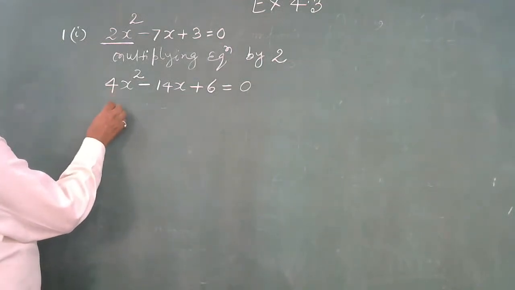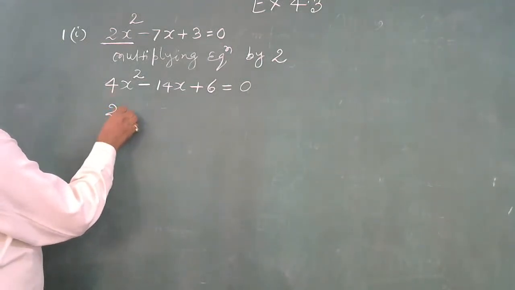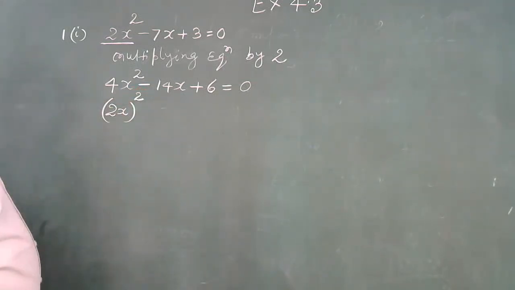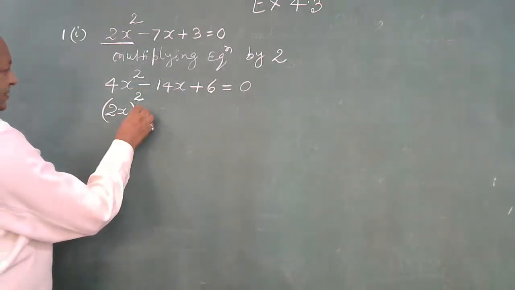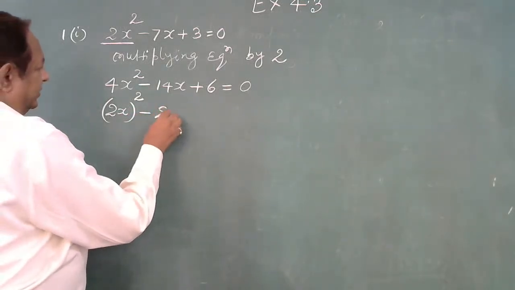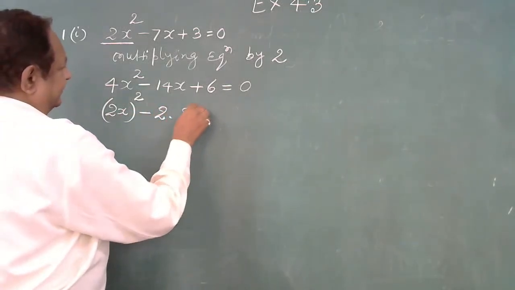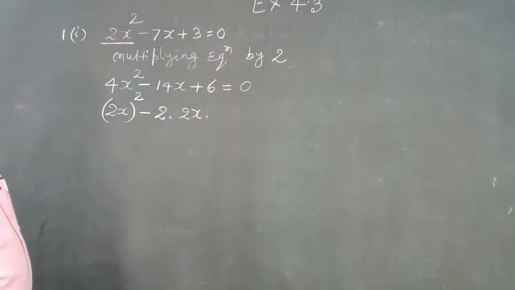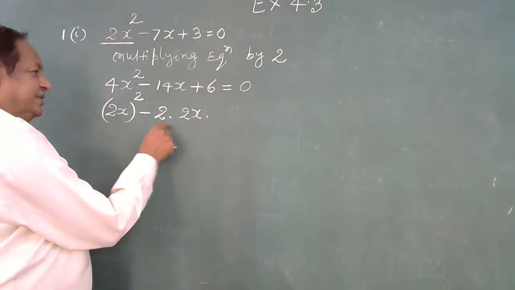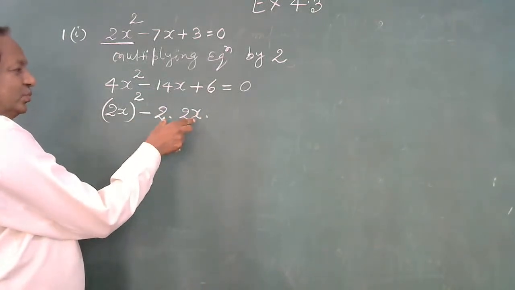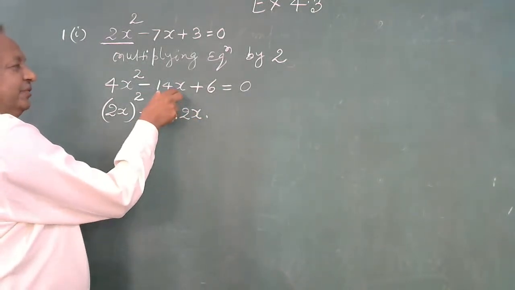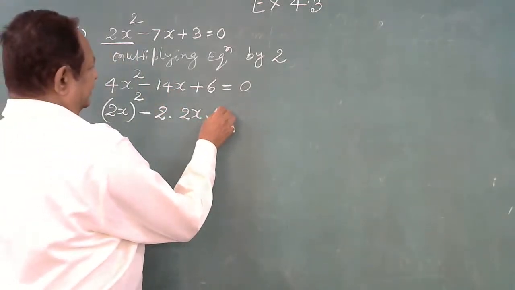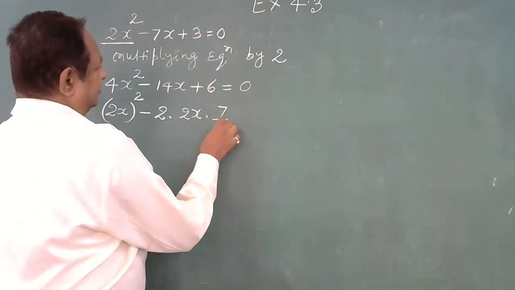So this is a perfect square of 2x, so a square, minus 2 into 2x into, but by which number do we have to multiply so that the product is equal to 14x? So it is 7 by 2.